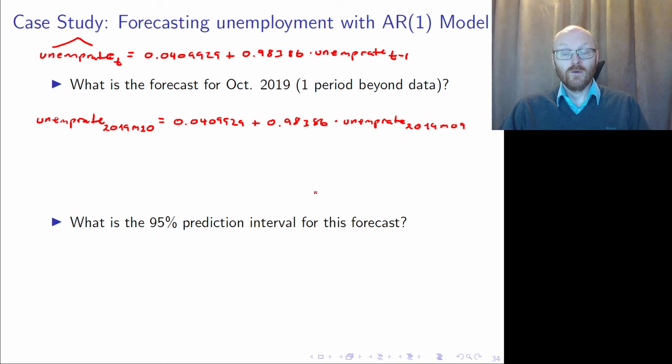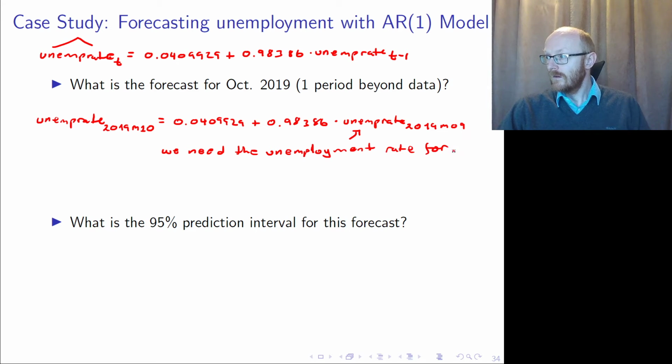So we need the unemployment rate for September, which means we can just plug that in, because that's 2.2642.